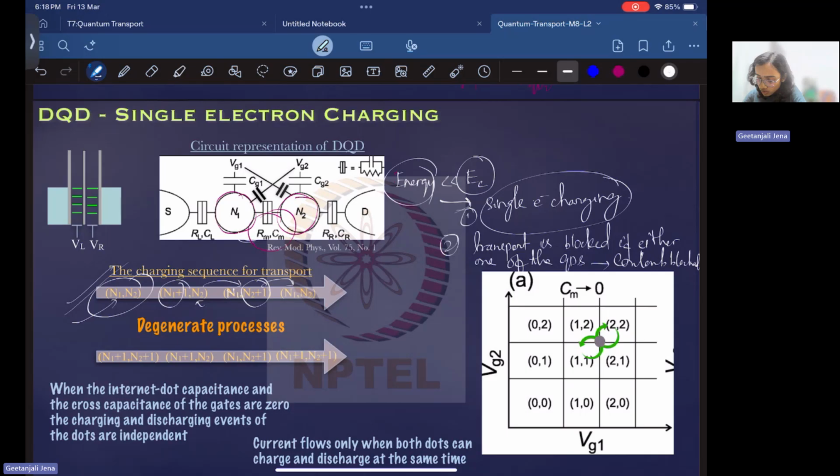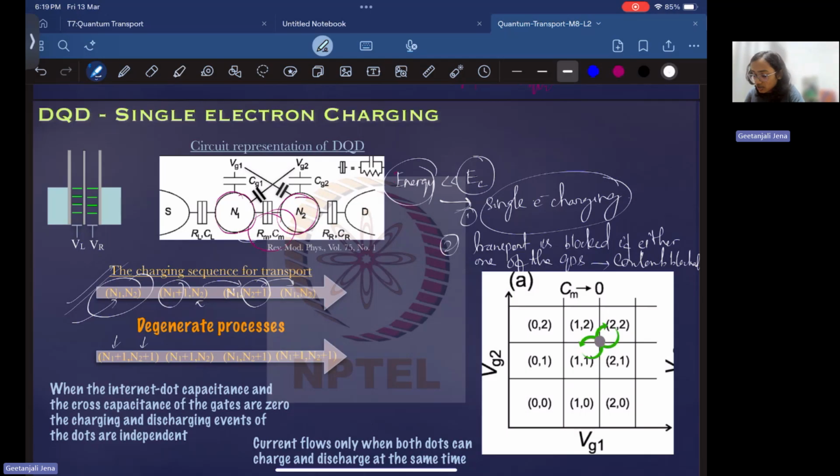Now we can also have another type of charge transport case, where there is already an extra electron in quantum dot 1 and an extra electron in quantum dot 2. Because it is a single electron charging process, we can't add one more electron.